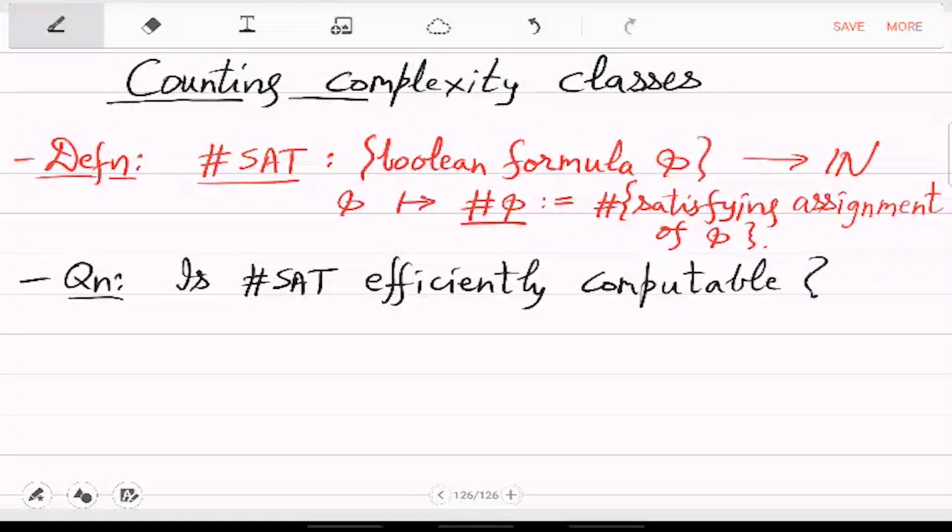Okay, so we need to define a complexity class which covers functions instead of decision problems. So P is for decision problems that can be efficiently solved. FP will be for functions that are efficiently solvable. Functional polynomial time.